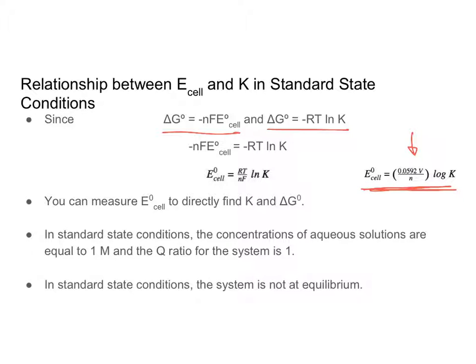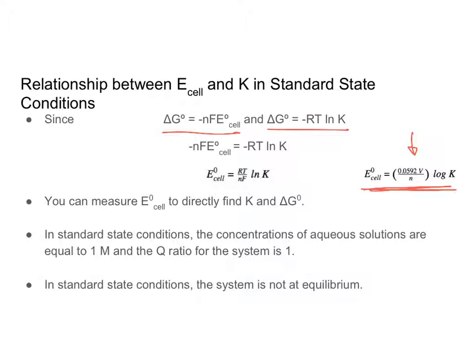This 0.0592 is the ideal gas law constant times the temperature divided by Faraday's constant. So it's RT over Faraday's constant. That value is something I'm going to work through for some of these problems.